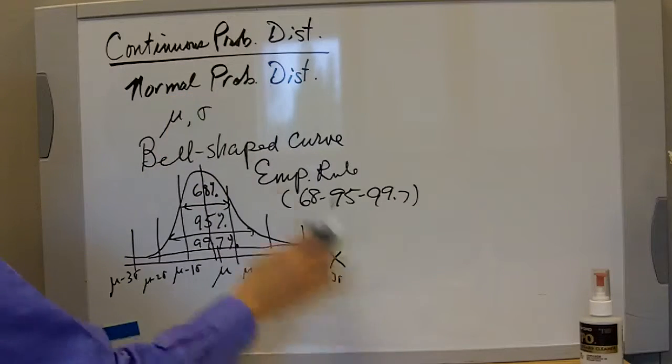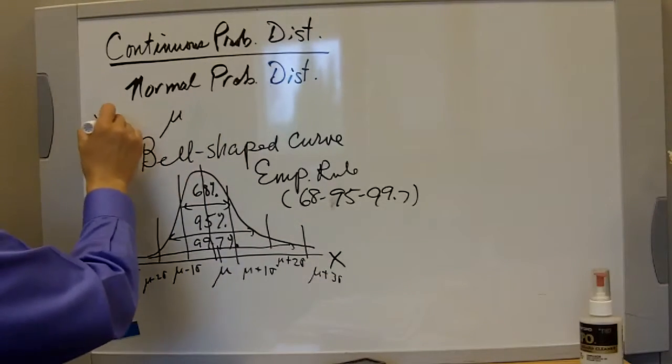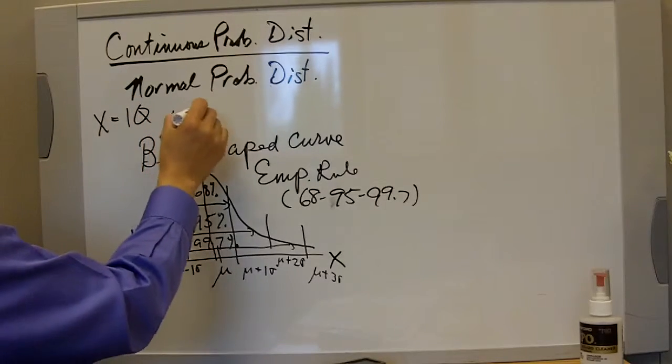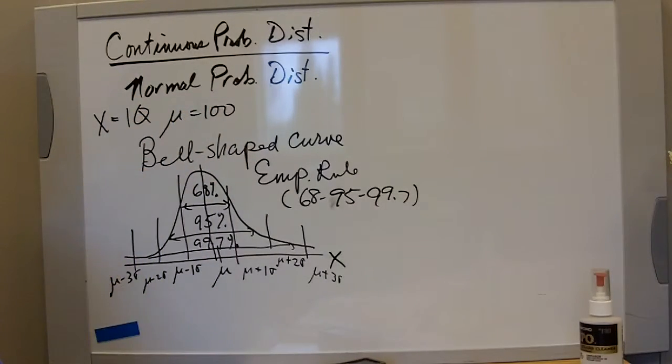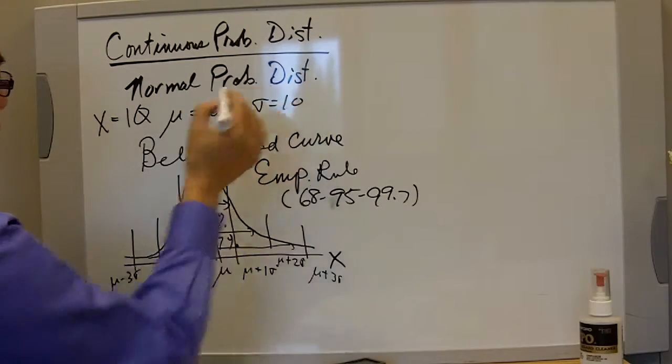Let's say x is equal to IQ scores, with a mu of 100, the average IQ score of, say, an infinite number of people who have taken the IQ test, and say sigma is equal to 10.